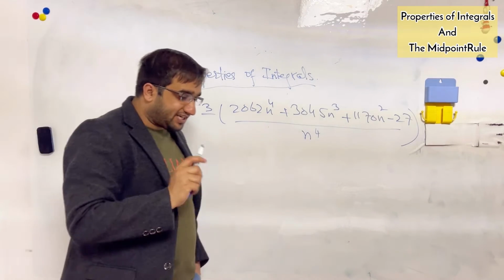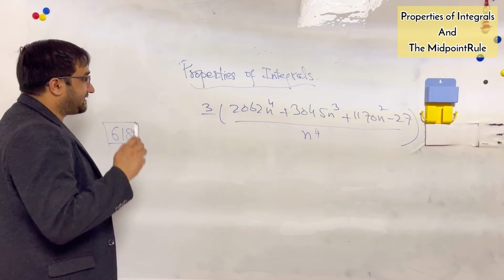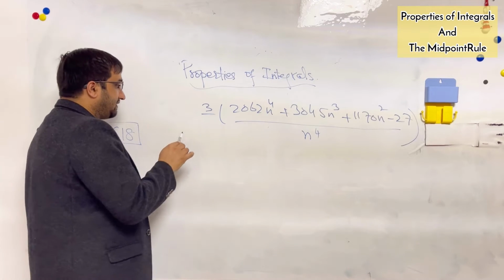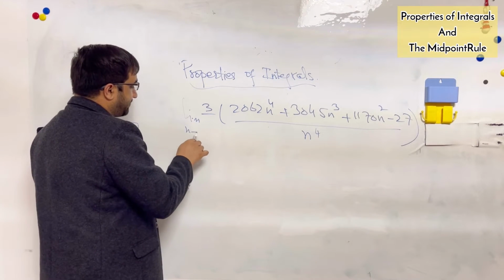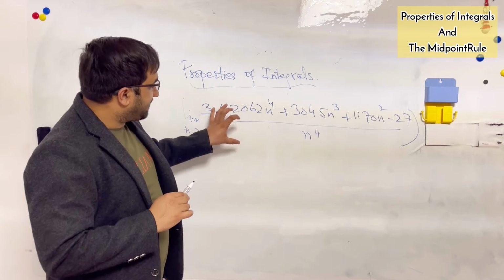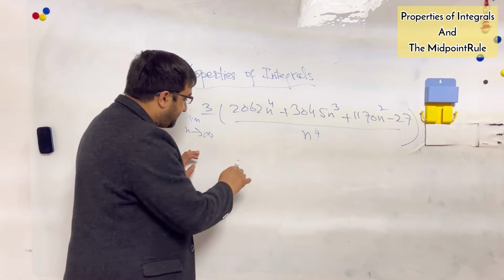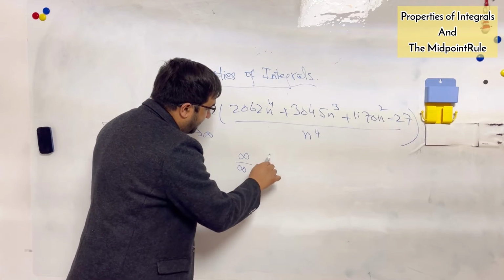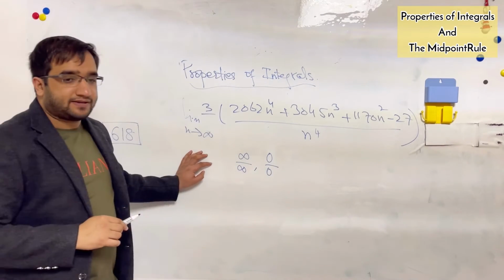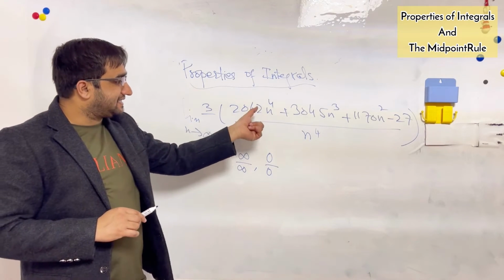The important point here is that if you have an expression with a limit n approaching infinity, and when you apply the limit the answer is infinity by infinity or 0 by 0, then you are not allowed to apply the limit at this level.